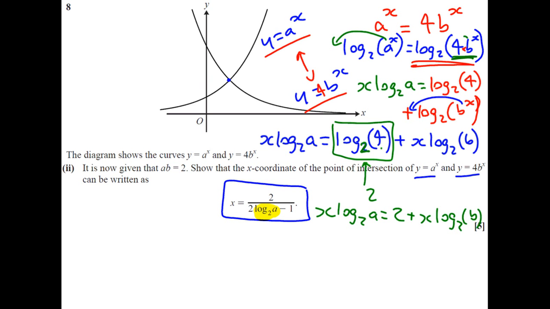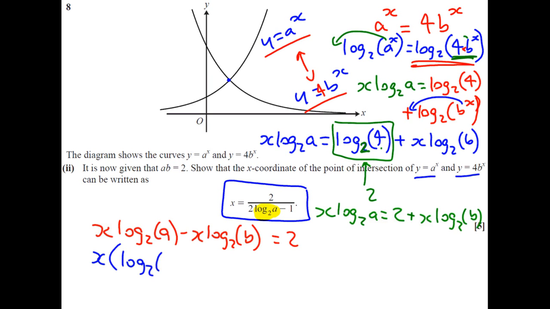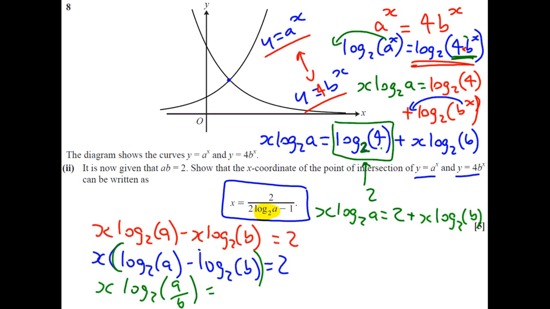Now we're going to simplify by taking away, so x log to the base 2 of a minus x log to the base 2 of b equals 2. We factorise out our x to get x times log to the base 2 of a minus log to the base 2 of b equals 2. Okay, because of our log laws, we can say that that's going to be a division. x log to the base 2 of a over b equals 2.